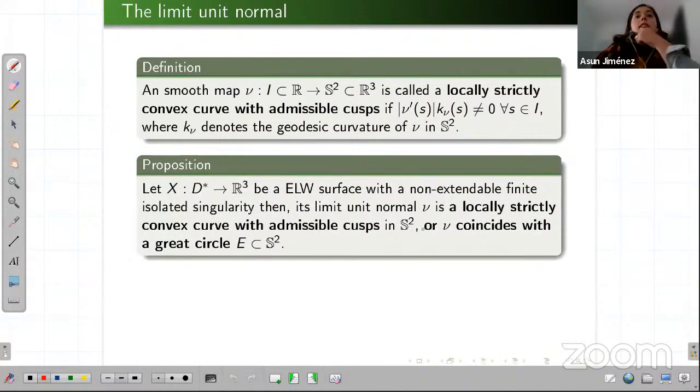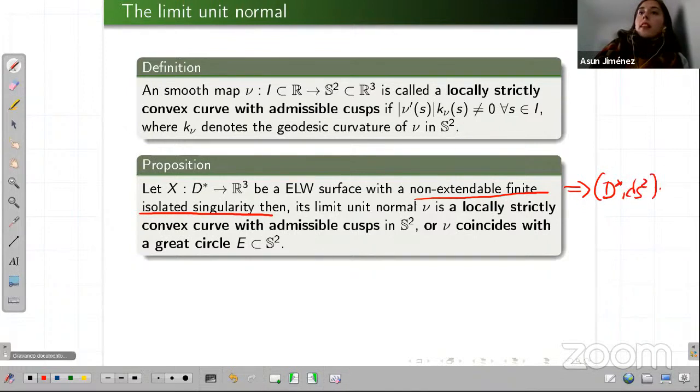So this is the result that we obtain. If you have an elliptic linear Weingarten surface with a non-extendable finite isolated singularity, I will make a break here. I assume the singularity is non-extendable and finite to use the previous result to assume that the conformal structure induced by this metric is that of an annulus.